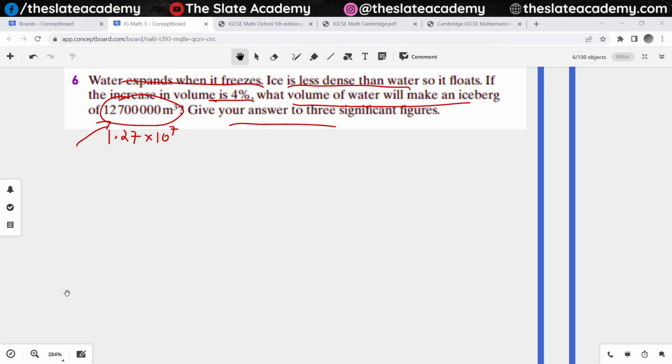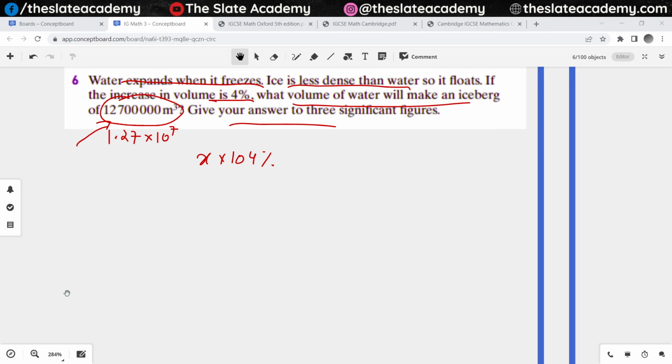Right now I do not know what the initial value is, so I call that x. But this x increases by 4%. So initially it was 100%. When it increased by 4%, it became 104%.